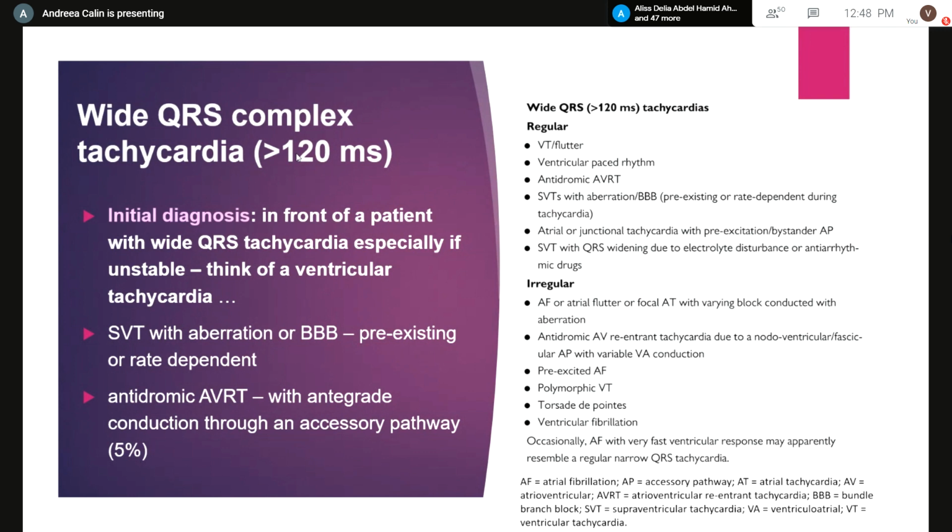But we can also have a supraventricular tachycardia with pre-existing bundle branch block or a bundle branch block that is rate dependent, or we may have an atrioventricular reentrant tachycardia with antegrade conduction through an accessory pathway. This is important to make the differential diagnosis between this kind of antidromic atrioventricular reentrant tachycardia and VT or SVT with pre-existing block.